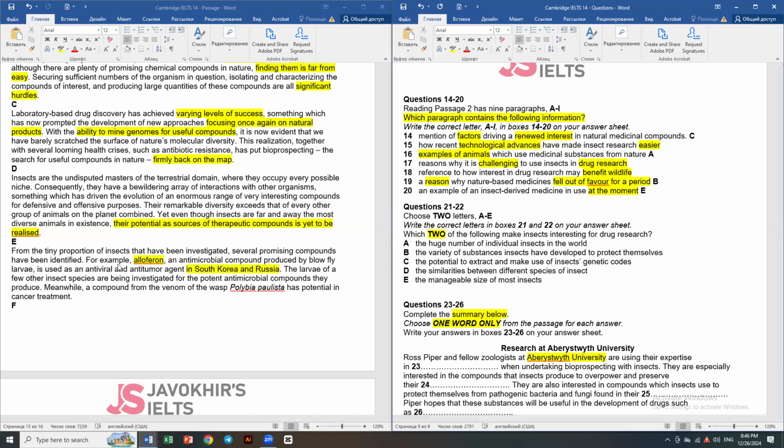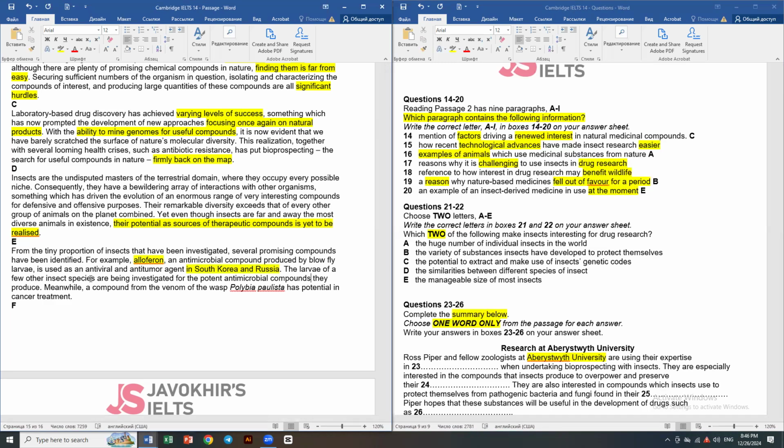From the tiny proportion, for example, allophron, an antimicrobial compound produced by blowfly, is used as an antiviral and anti-tumor agent in South Korea and Russia. So is used is a kind of a perfect tense.